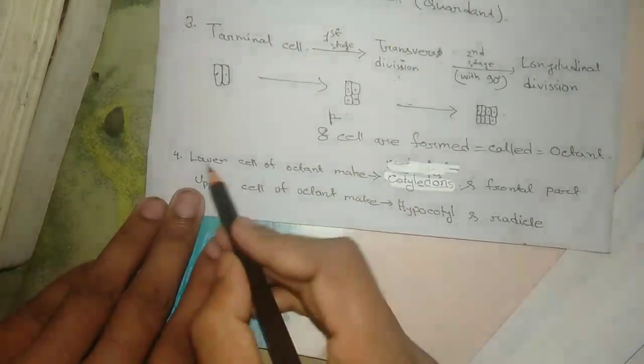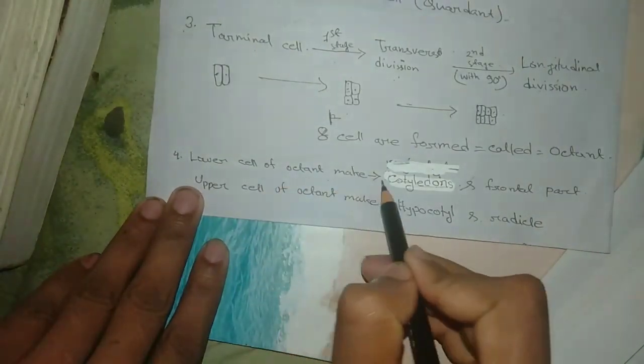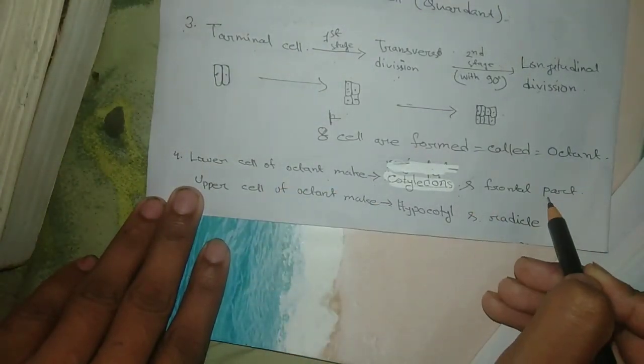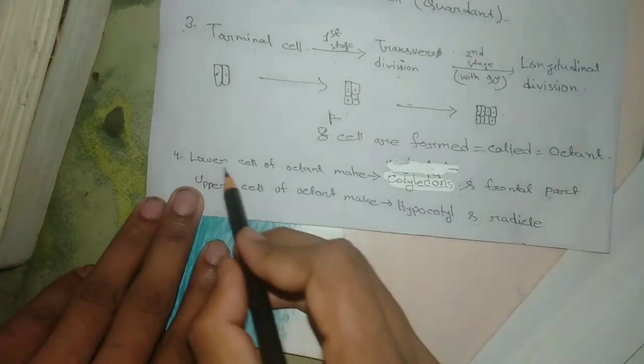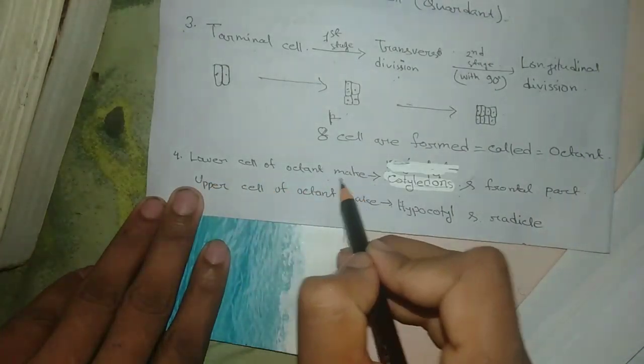Now the lower cell of the octant makes the cotyledon and plumule part. The lower part of the octant means this part.